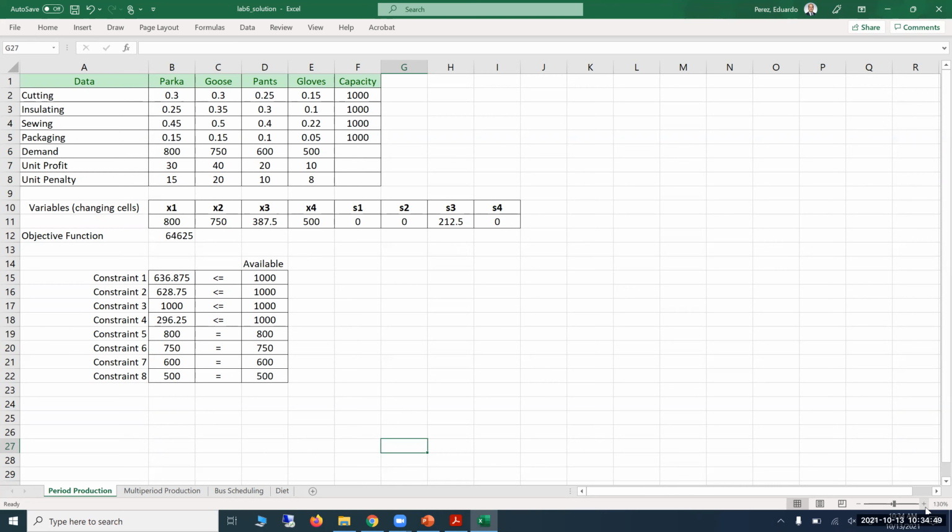That's what you need to calculate. You have to set up a formula: equal this plus this.